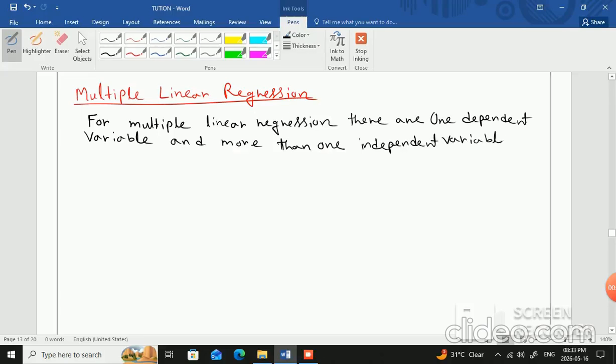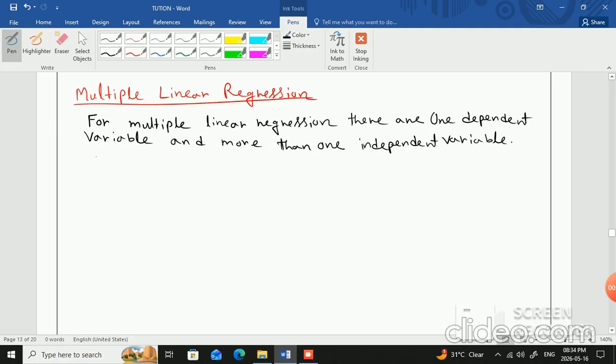In simple linear regression, there is one dependent variable and one independent variable. But here, in multiple linear regression, there is one dependent variable but more than one independent variable.